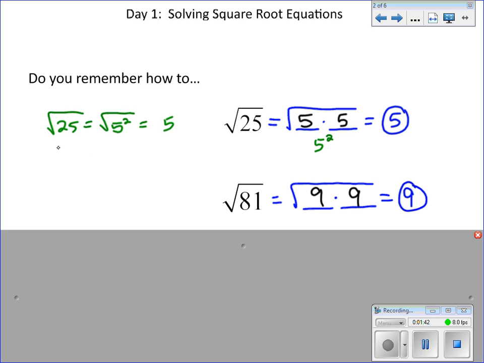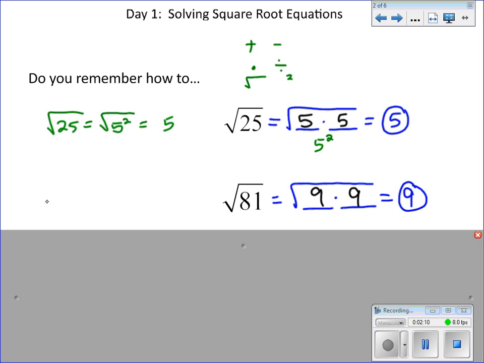And so what we really need to be able to see today with solving square root equations is that when we take the square root of a square like that, those two are opposites. It's no different than addition being the opposite of subtraction and multiplication being the opposite of division. Square rooting a number is going to be the opposite of taking a number squared.